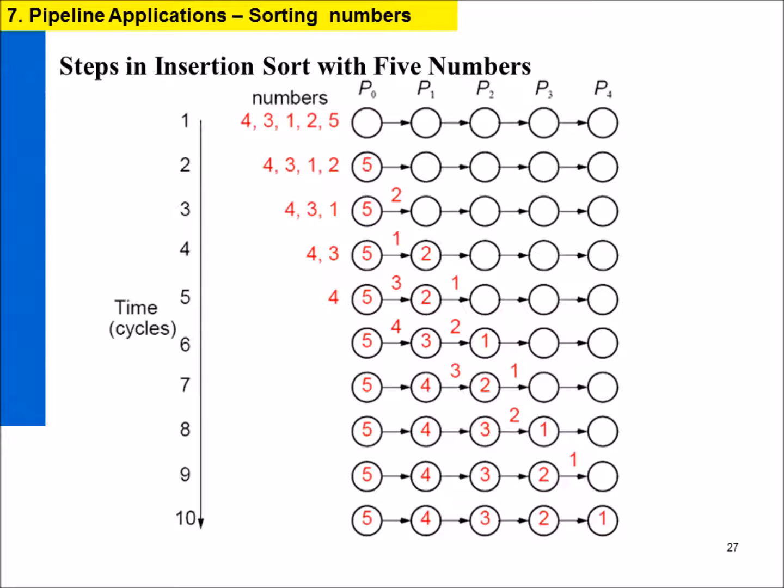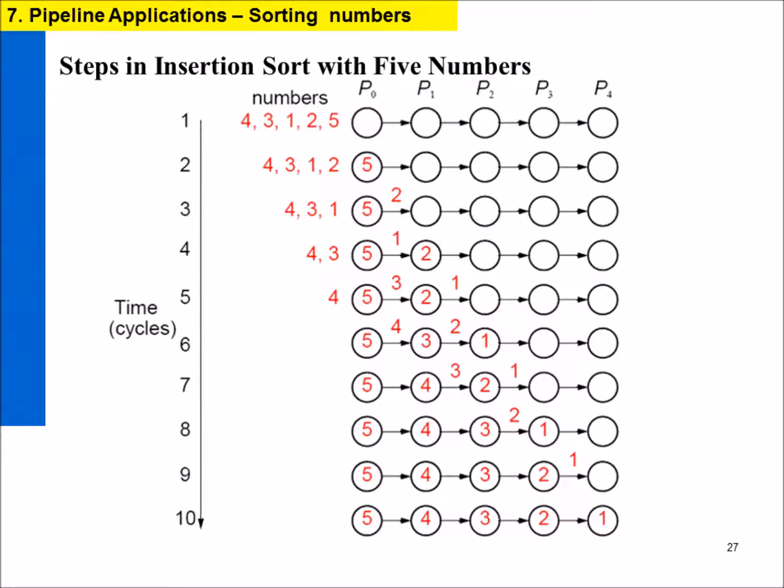Meanwhile, 3 is going past the 5, and the 1 has gone down to the 3rd slot, and 4 comes in while the 4 goes past the 5, and 2 goes past the 3, and 1, and then simultaneously the 3, and then the 1, and then the 2, and the 1 at the end. So this takes 10 time cycles, which is better than if you were doing it with one processor.